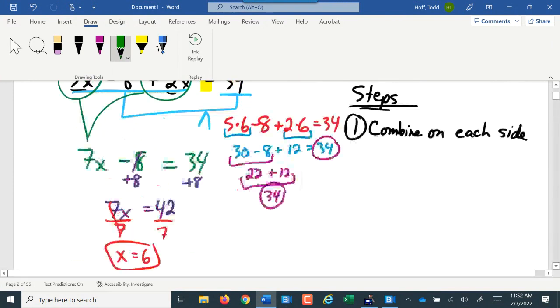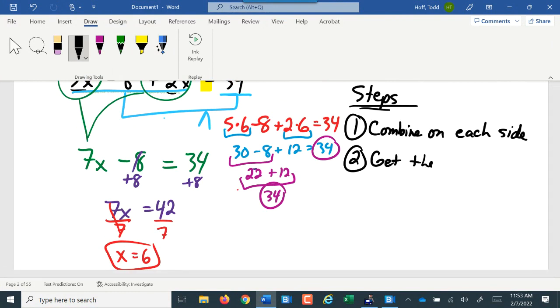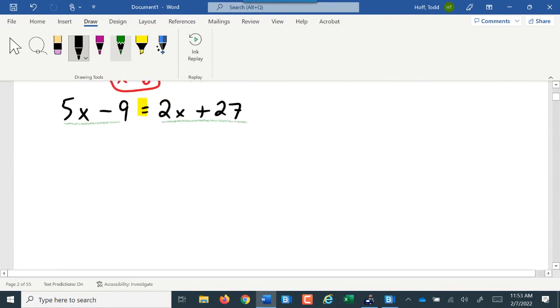This is the second thing we might have to do before we solve, and that is get the variable on one side.